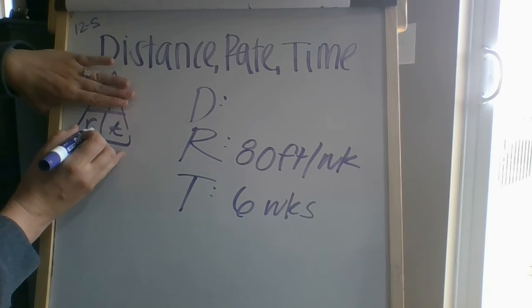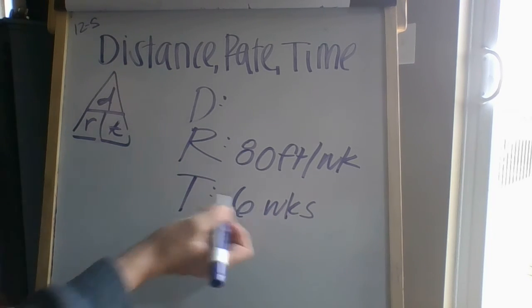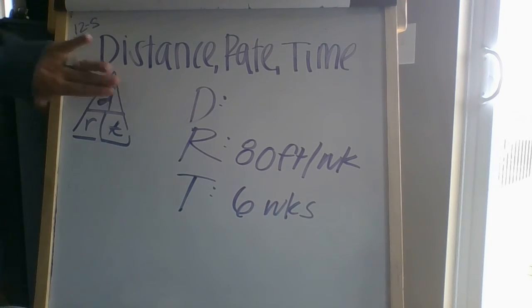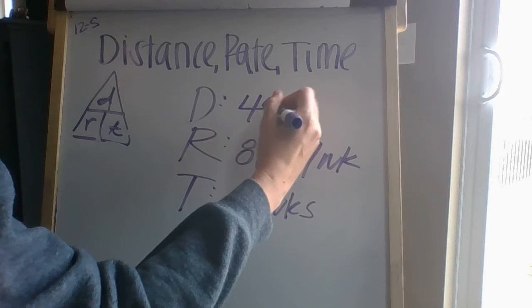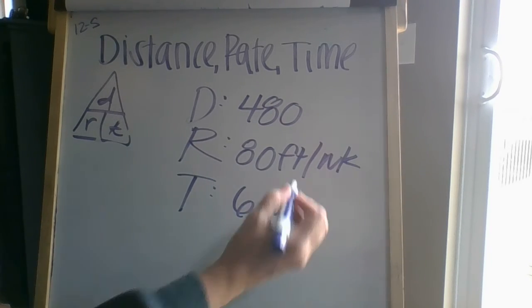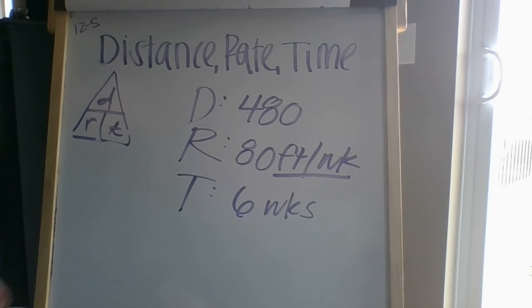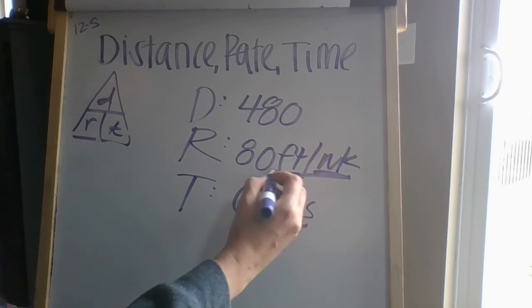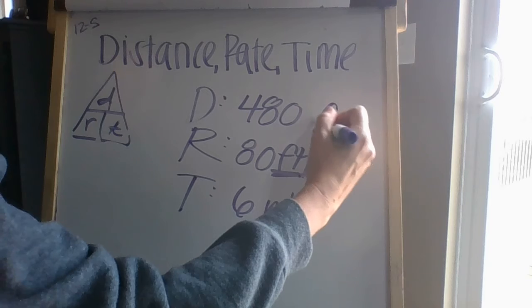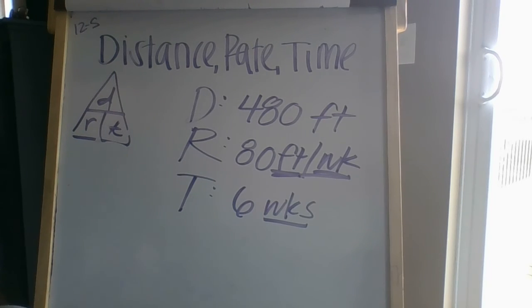When we're looking for our distance, we're going to be multiplying our two different numbers, right next to each other. So we end up getting 480. Now, we're going to look at our rate to tell us what our label is going to be. We already have weeks. This right here is telling us that our distance is going to be in feet.